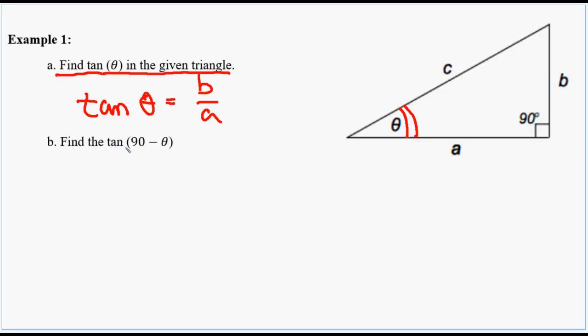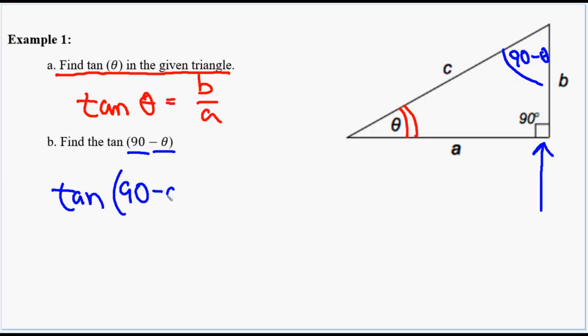Now in part B, it says find the tangent of 90 minus angle theta. Well, remember, here we got a right triangle, so there's 180 degrees. This angle took up 90 of those degrees. This angle theta took up some more, but whatever's up here has to be what remains, 90 minus theta. So now we're just at a different perspective, a different angle in the right triangle.